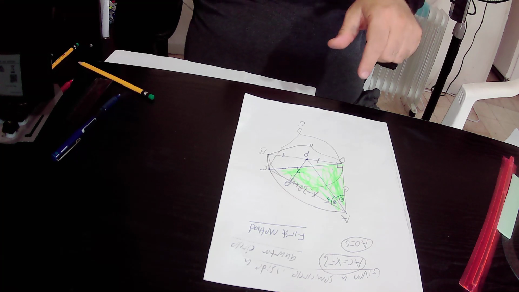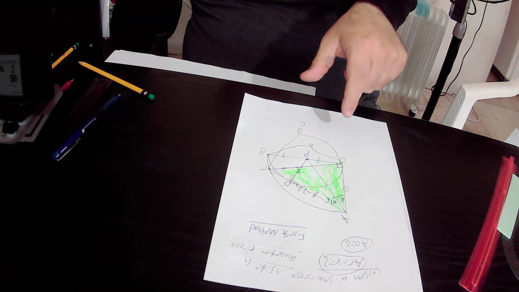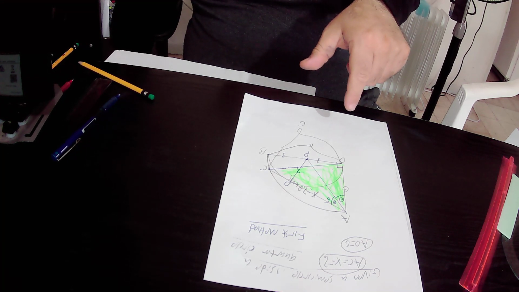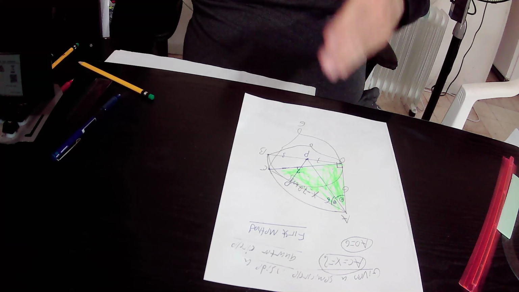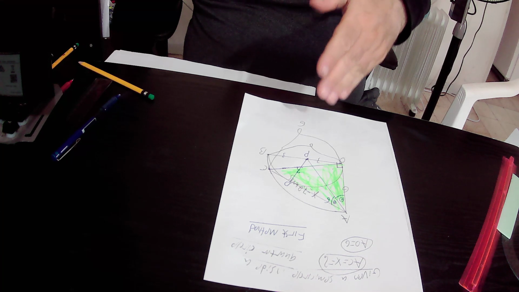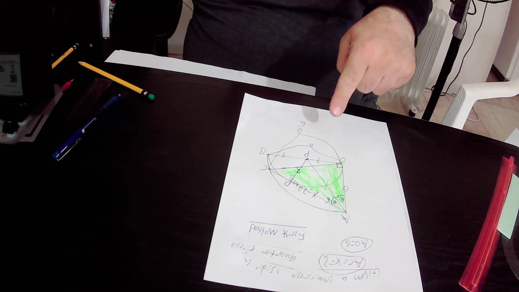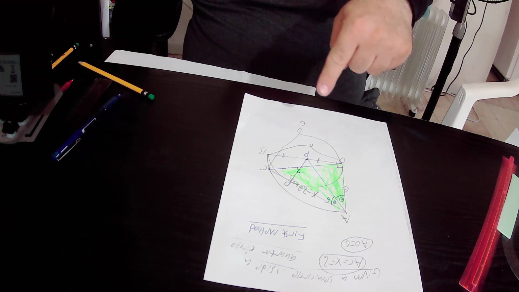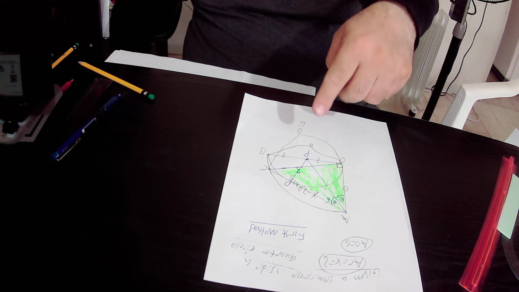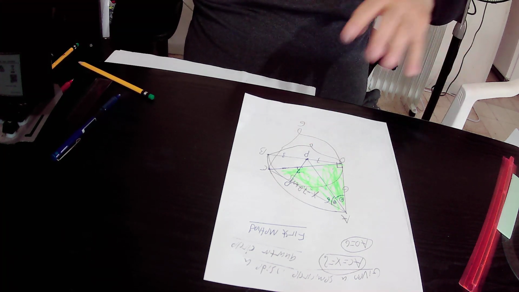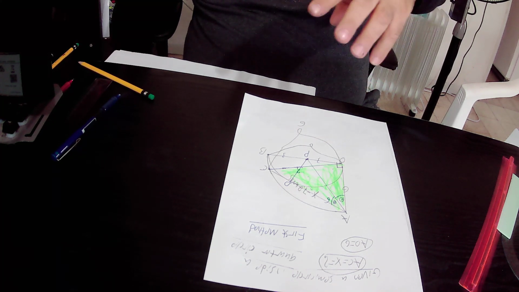So if the diameter of the semicircle equals 6 units, it means that the radius must be half of it, that is 3 units. So OP equals 3 units, PB equals 3 units, and PD also equals 3 units. All those line segments are the radii of the semicircle.